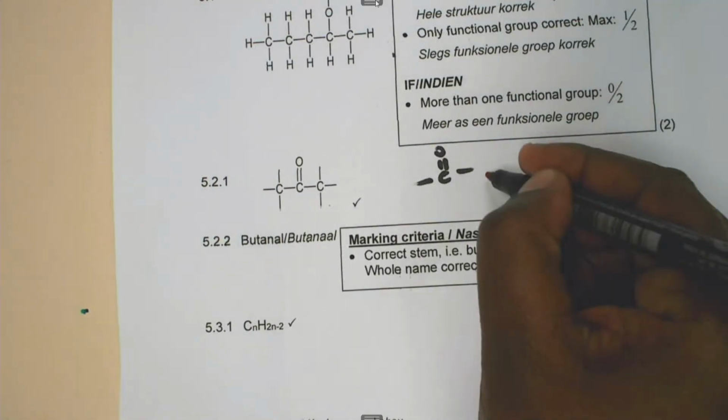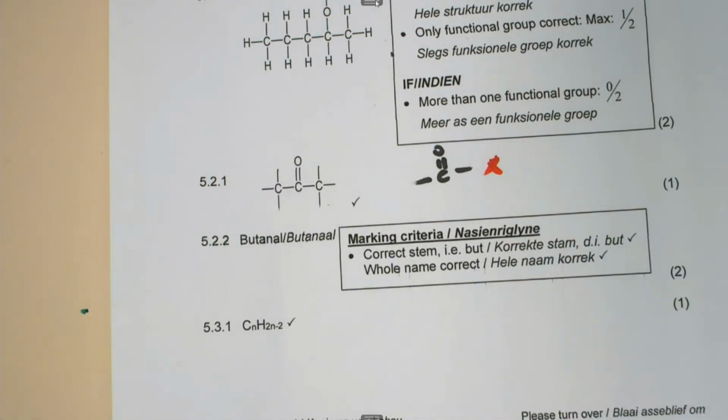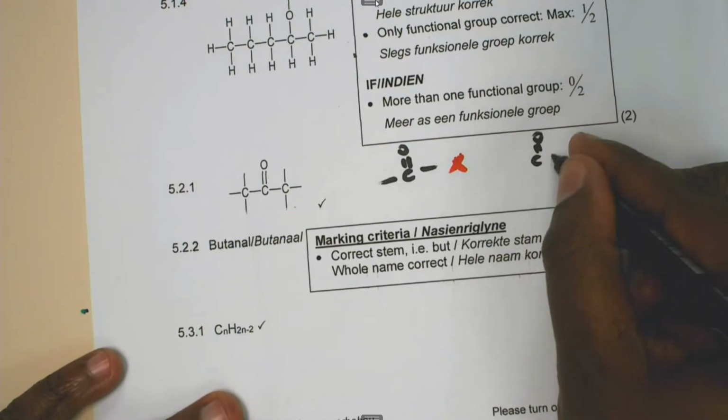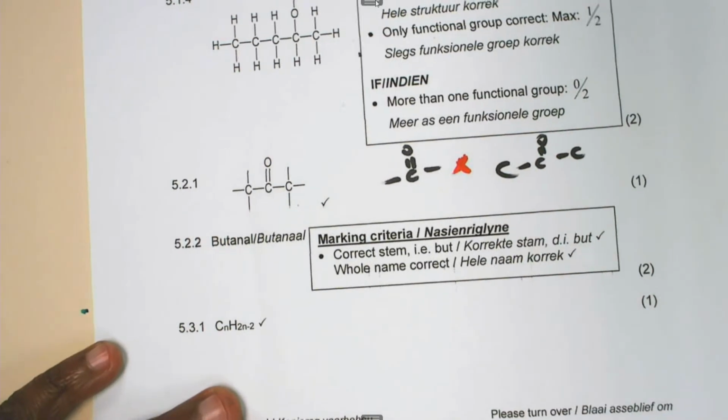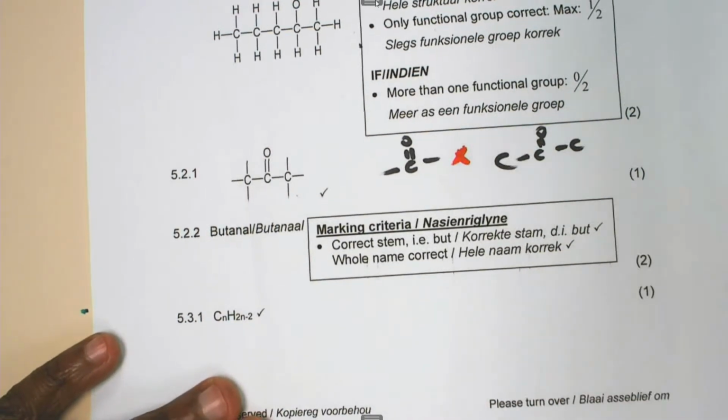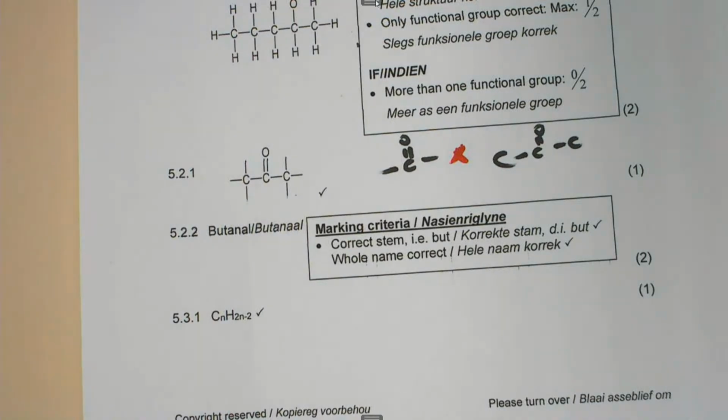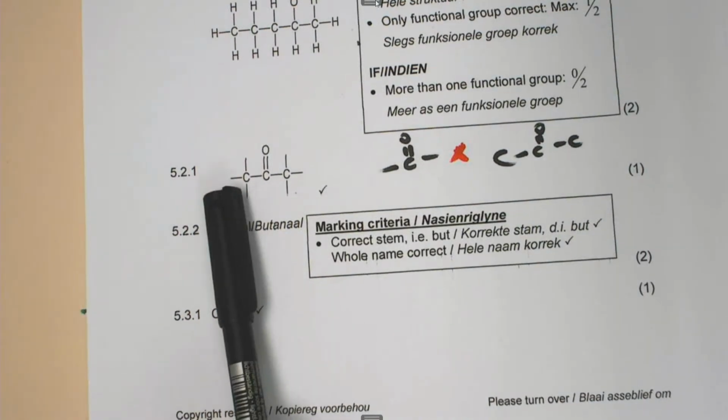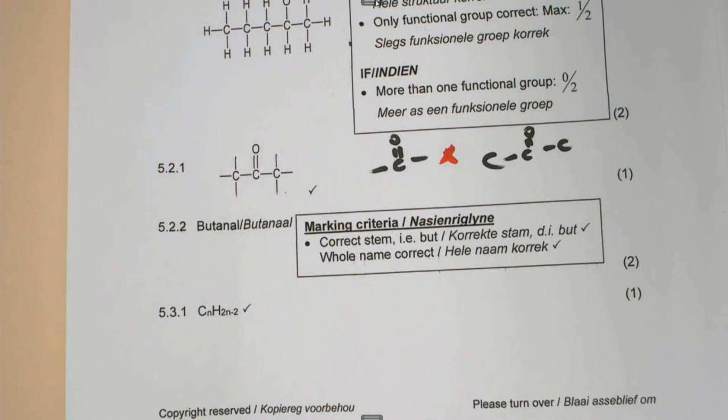Therefore, the learner will get 0 out of 2. Or if the learner writes C double bond O with the carbons on the sides, but these carbons do not have bonds on the other side, that also is incorrect. The bonds must be available for 1 mark.